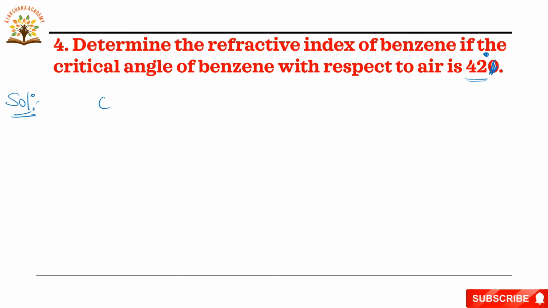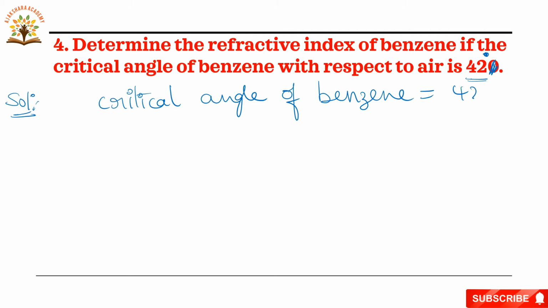Given: the critical angle of benzene is equal to 42 degrees. The relation between refractive index and critical angle is sin C is equal to 1 by refractive index.